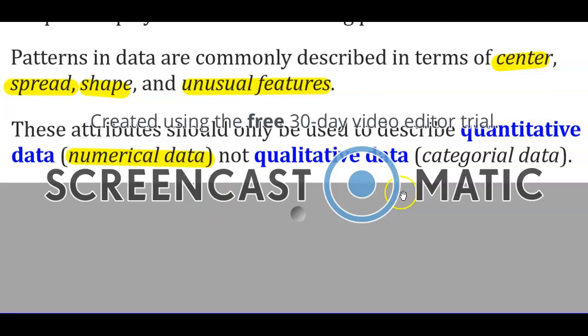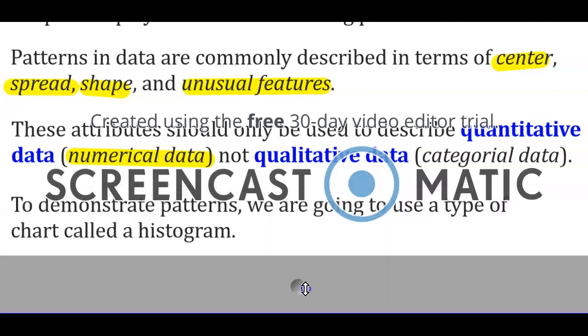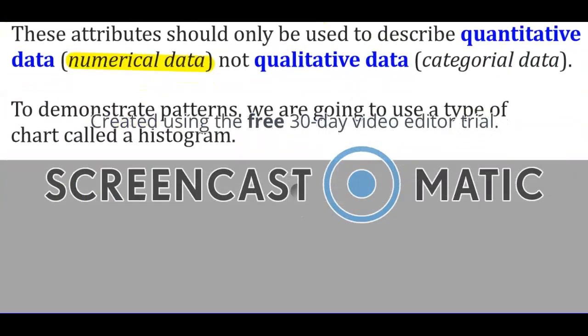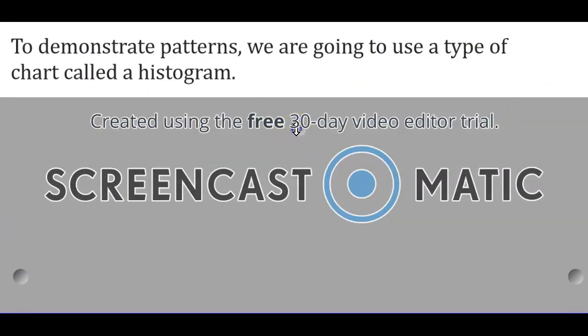For example, worship system or something like that is not a quantitative thing. If you are somebody who is Muslim, Christian, or Jewish, or something like that, Baha'i, that would not be a quantitative thing.